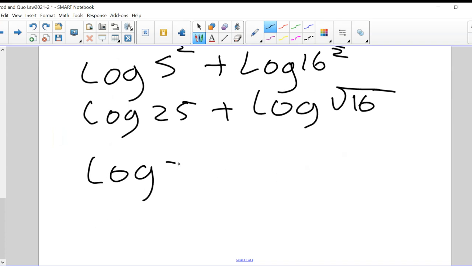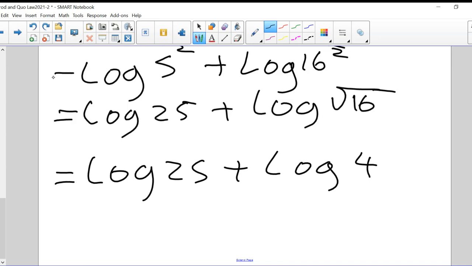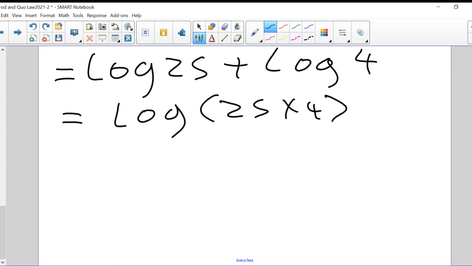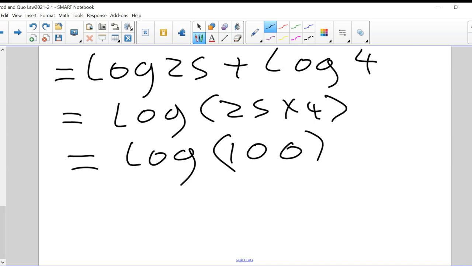So it's the log of 25 plus the log of 4, which is, one more line here, the log of 25 times 4. All right? Because remember, that's your product law at work there. Multiply them now. So that's the log of 100. And can that be evaluated? Of course it can. The log of 100, of course, is what? It's 2. Log of 100 is, in fact, 2.